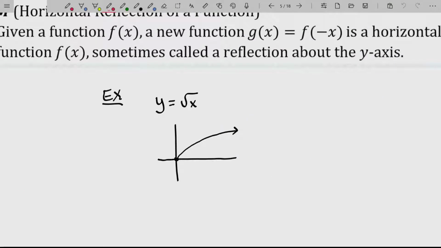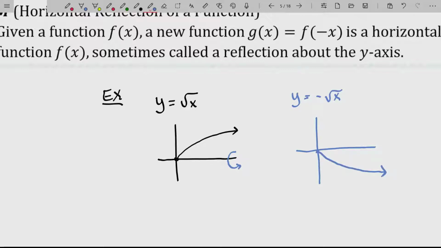So going back to this square root function here, if we want to graph y equals the opposite of the square root of x, what it's going to do to that graph is reflect it about the x-axis. It's called a vertical reflection. And so our reflected curve will look like this.